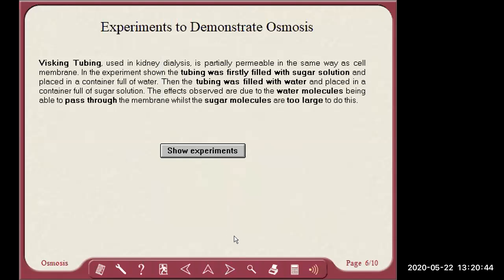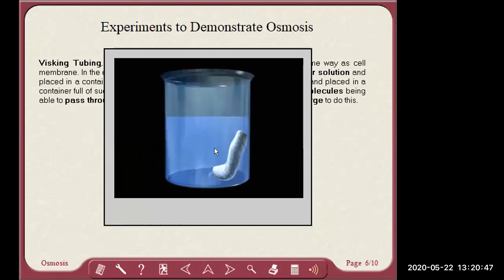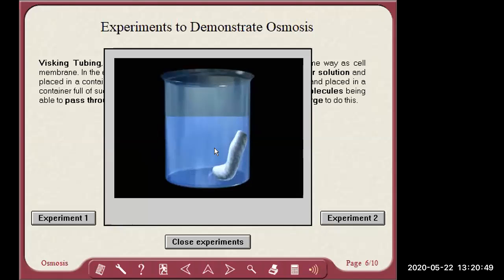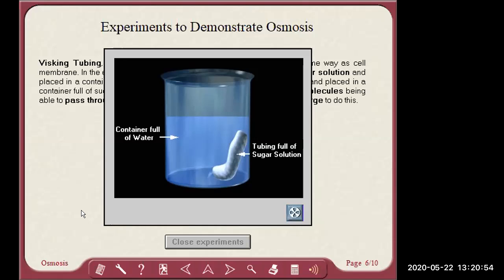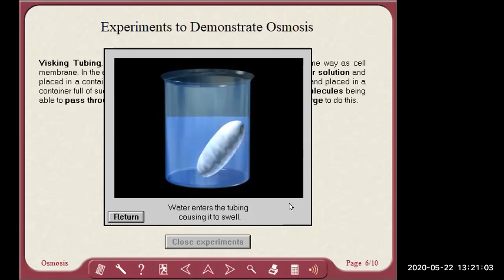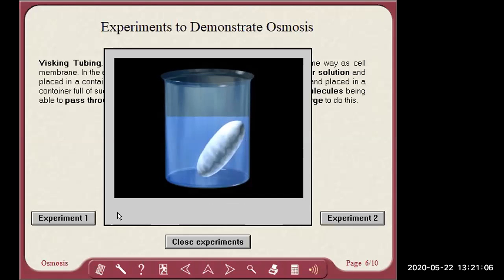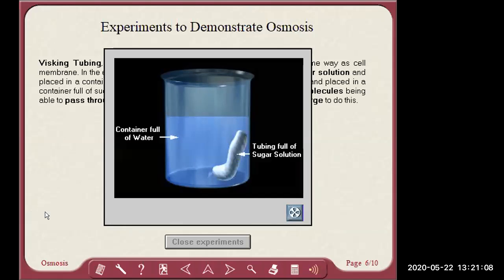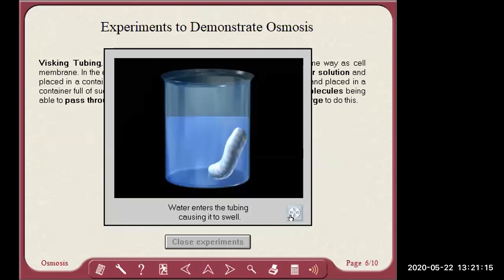An experiment to demonstrate osmosis. So if we look at this, you notice that tubing put into pure water.